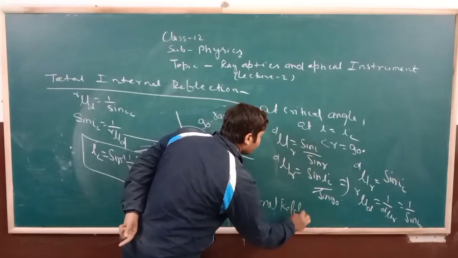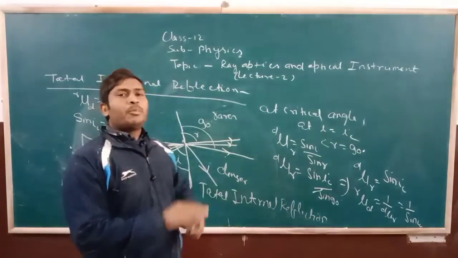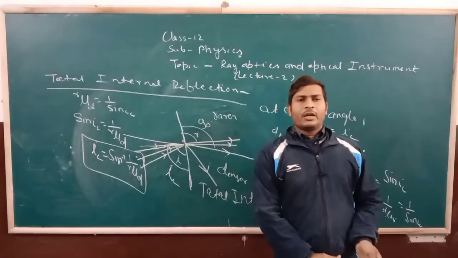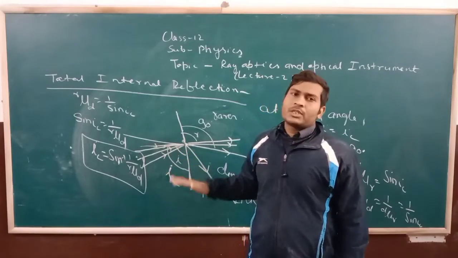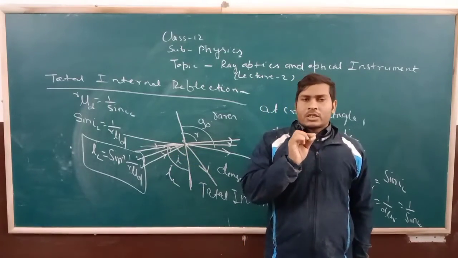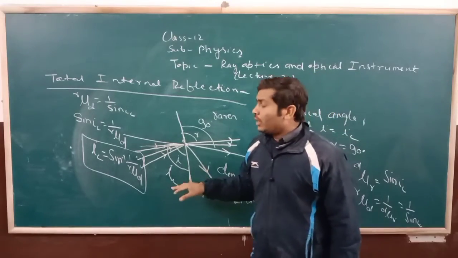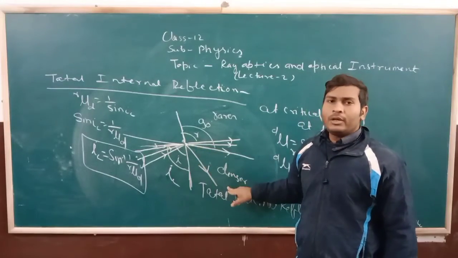reflection. Total internal reflection means when a ray of light moves from denser medium to rarer medium, at a certain incident angle, the ray emerges parallel to the surface. But when we increase the incident angle greater than the critical angle, the ray reflects back into the same medium.